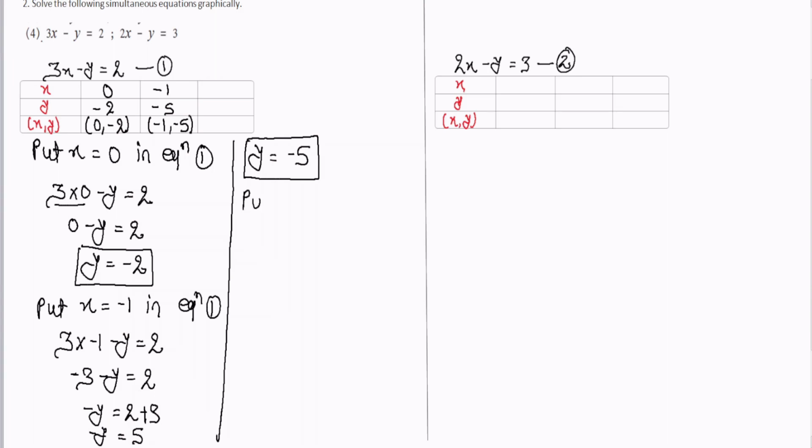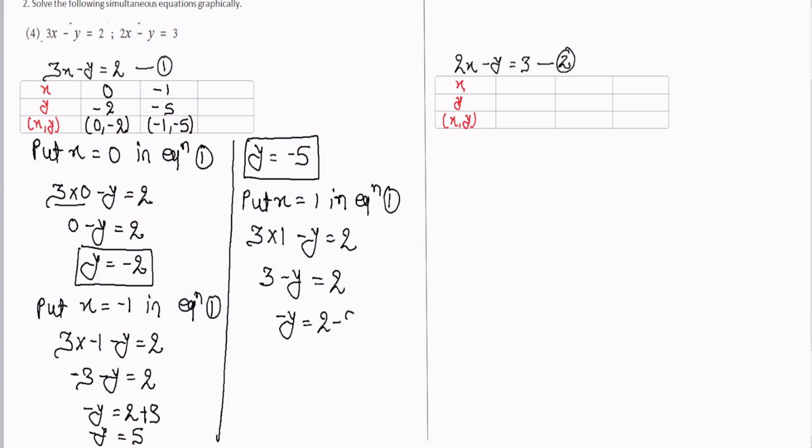Now next, put x is equals to 1 in equation 1. So it will be 3 into 1 minus y is equals to 2. So 3 minus y is equals to 2, minus y is equals to 2 minus 3, because this is a positive value.